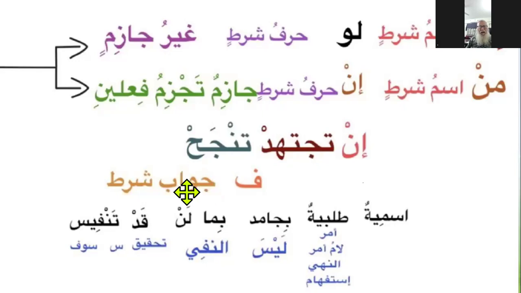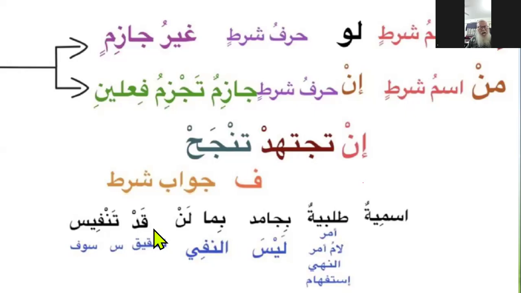Now, when will the fa come in jawab shart? The fa will come in these conditions. Number one, when jawab shart is jumla ismiya, fa will come. When jawab shart is talabiya, meaning fail amr, fail lam amr, an-nahiya, istifhamiya, then fa will come. When there is laysa in the answer, the fa will come. When there is lan in the answer, bima'na nafi, then the fa comes.